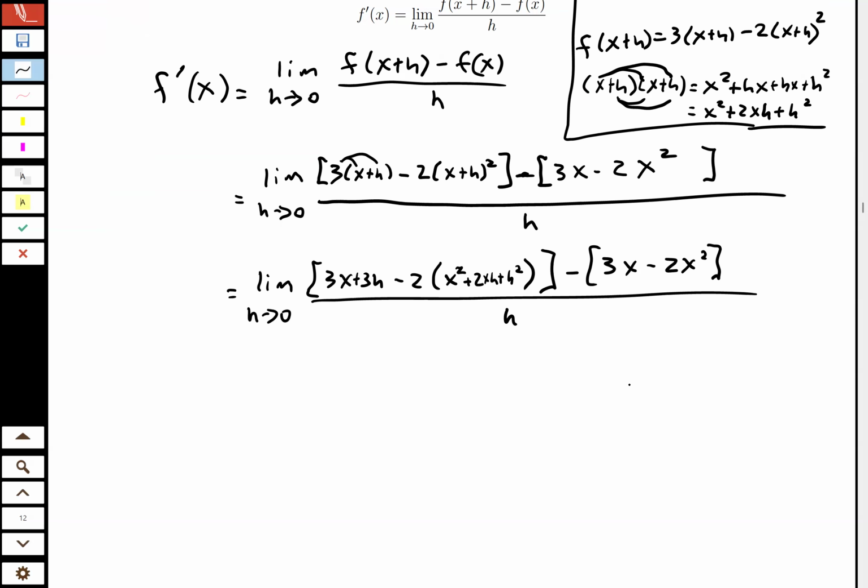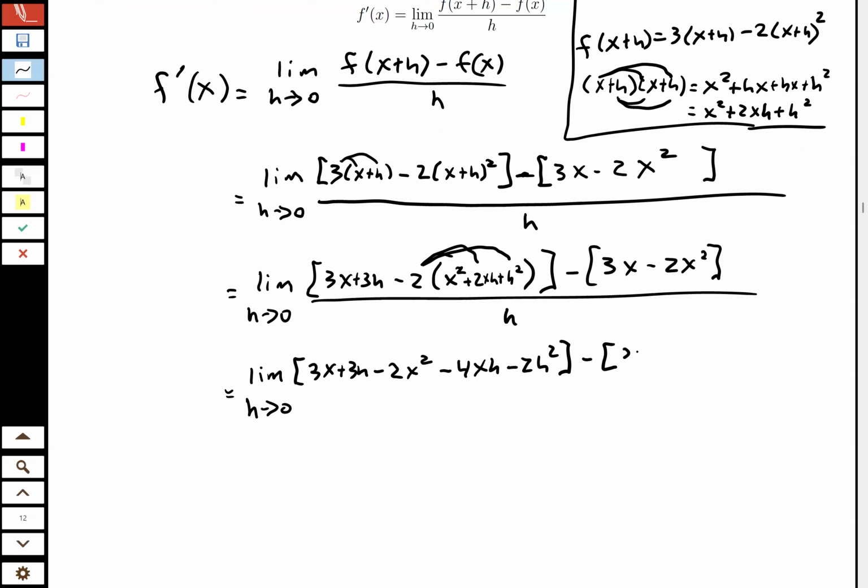Let's multiply that negative 2 out, distribute it to each of those pieces. So I've got 3x plus 3h minus 2 times x squared, so minus 2x squared, minus 2 times positive 2xh, that gives me minus 4xh, minus 2 times h squared, that's minus 2h squared, minus 3x minus 2x squared all over h.